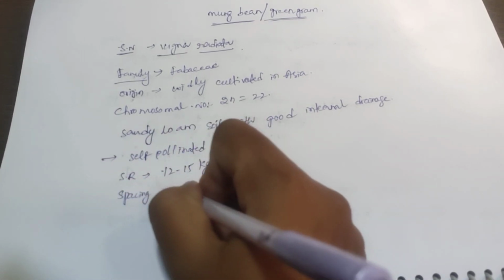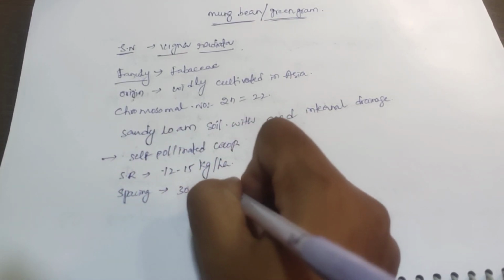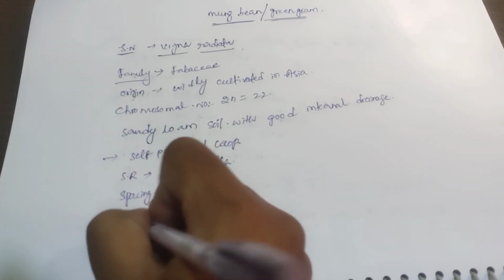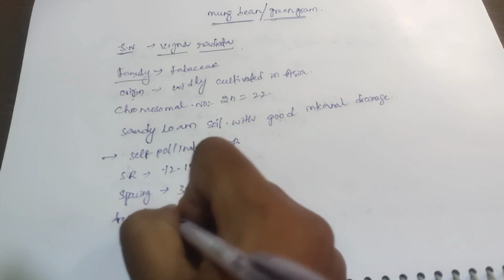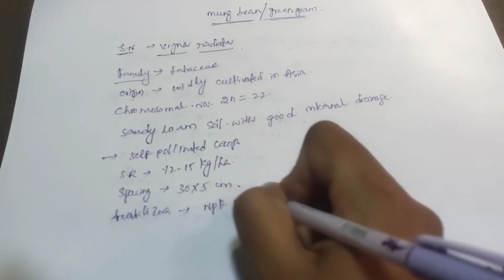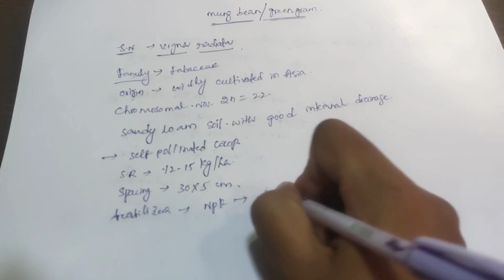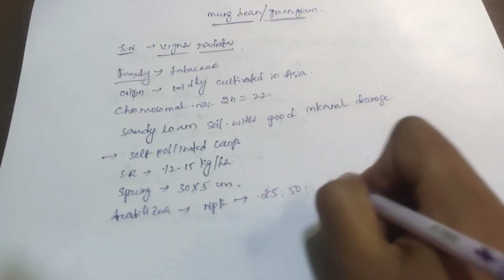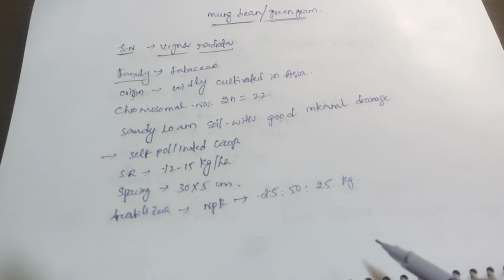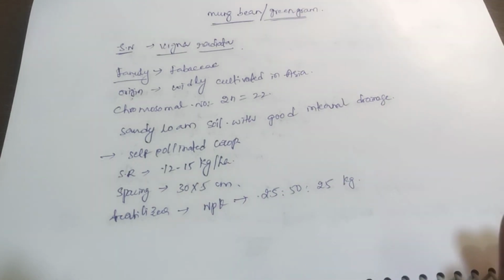Spacing is 30 by 5 centimeters. For fertilizer, we recommend NPK for mung bean is 25, 50 and 25 kg. Mung bean is also used as a cover crop because it will reduce evaporation loss.